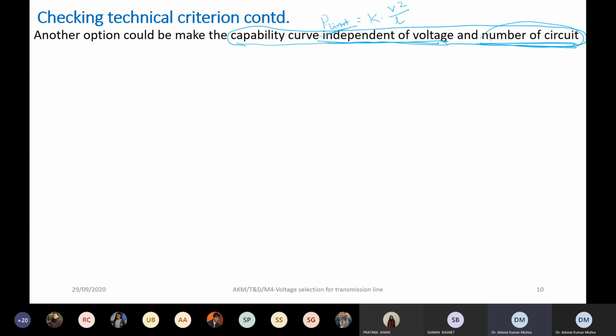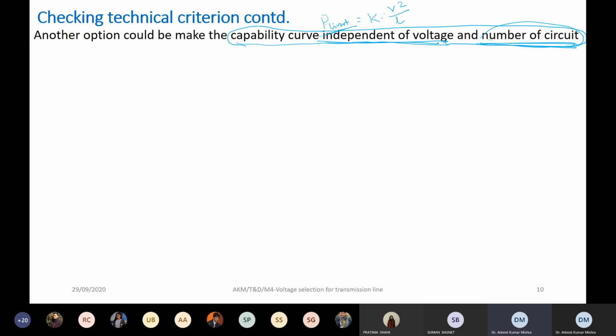So if I divide both sides of this equation by a power quantity, the mandatory condition is that this power should be proportional to the voltage square, and if possible should also include the information about the number of circuits.